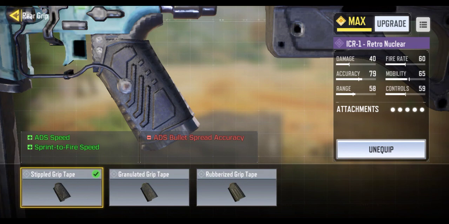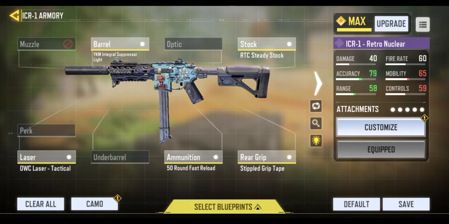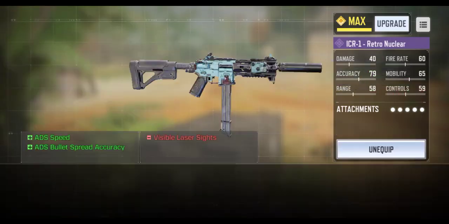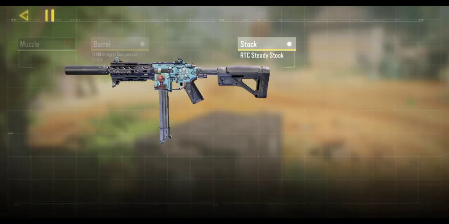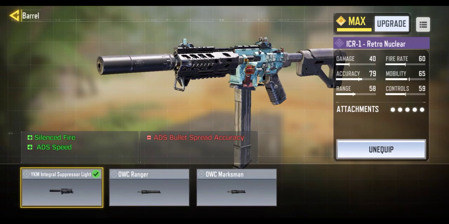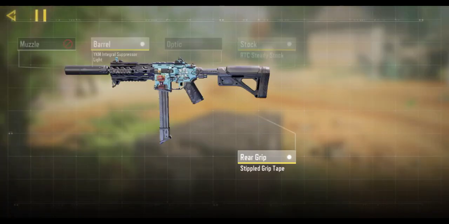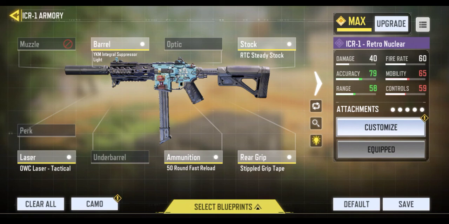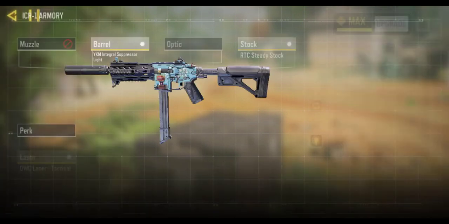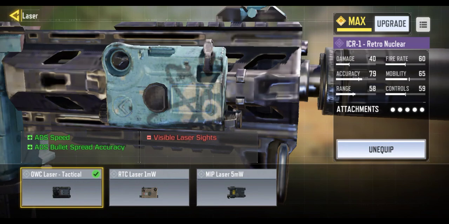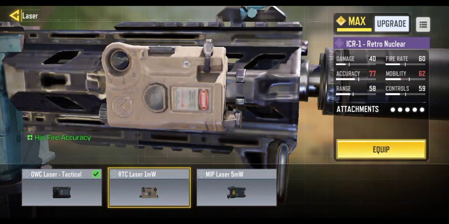See, there is one plus of ADS and one reduction, so it is totally balanced. That is the required attachment. So guys, I prefer to use this as the substitute for any attachment to use an optic, because it does not affect.